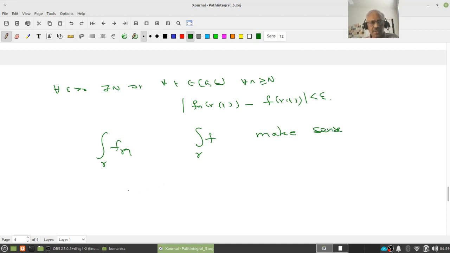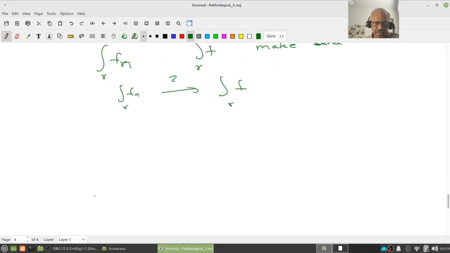What is the question I should ask now? Yes, does the integral of f_n over gamma converge to the integral of f over gamma? Notice that these are all complex numbers. This is a sequence of complex numbers. Does it converge to a complex number? So what does it mean? What is it I have to estimate? I have to estimate the modulus of the integral of f_n over gamma minus the integral of f over gamma.